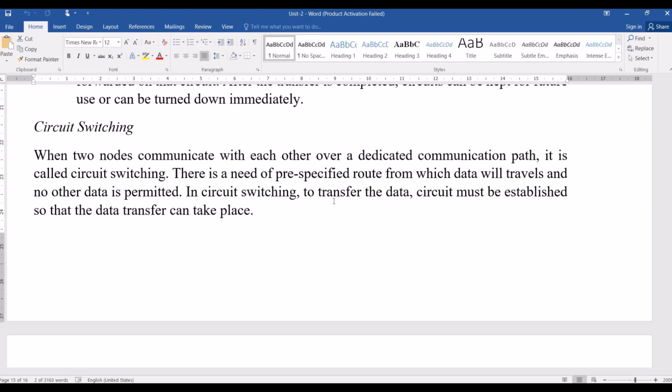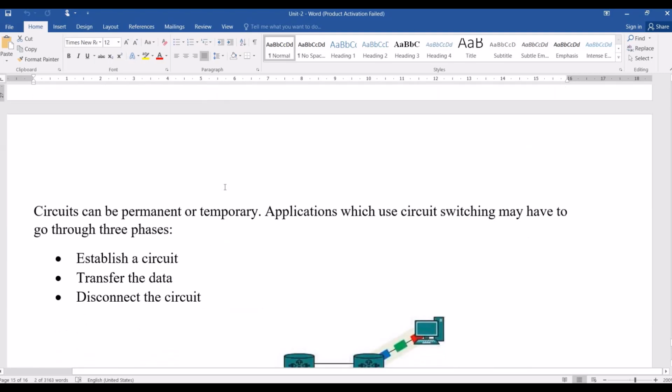In between, if someone tries to call your number, it is not possible to connect to you because your line is engaged. This circuit is dedicated for the two parties only. While talking with your friend on your mobile phone, if some other person tries to reach you, they receive the engaged tone. So this is fully dedicated circuit switching.